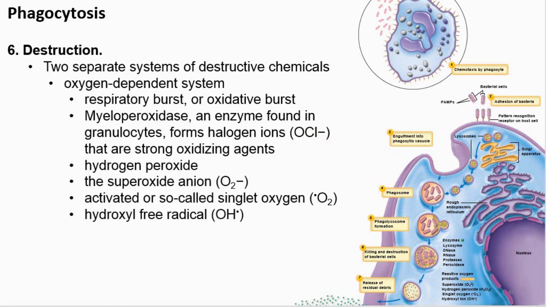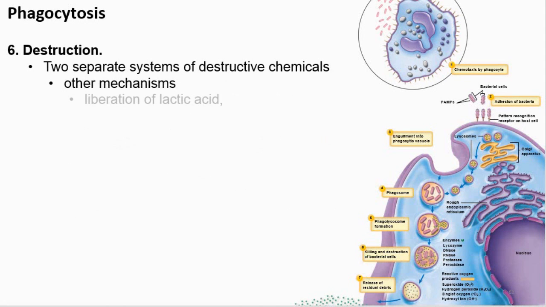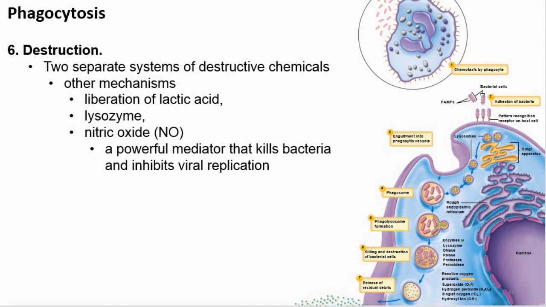And the other system includes things like liberation of lactic acid or lysozymes, which we already talked about, and nitric oxide, which somehow kills bacteria. I don't know how, but it also inhibits viral replication because it disrupts the chemical processes that are necessary for viral replication to occur.